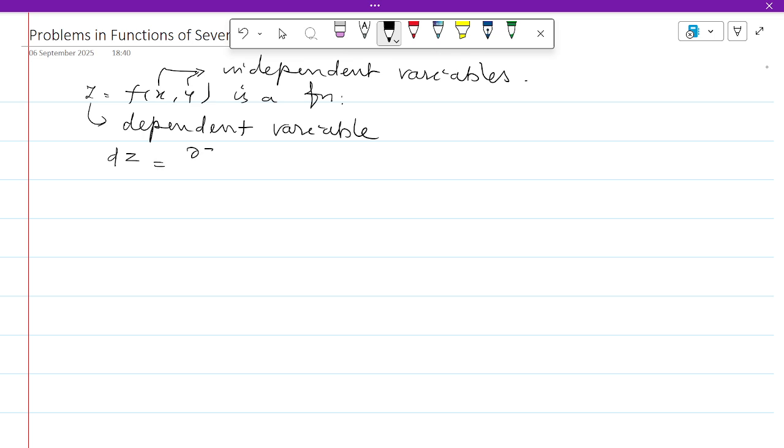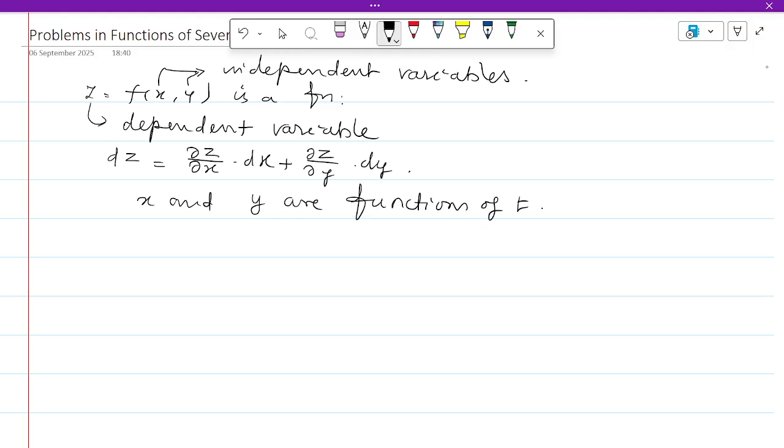dz equal to dou z by dou x dx plus dou z by dou y dy. In case x and y are functions of t, then we can find dz by dt equal to dou z by dou x into dx by dt plus dou z by dou y into dy by dt.